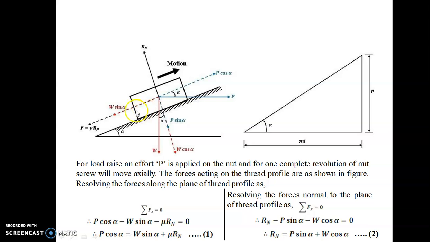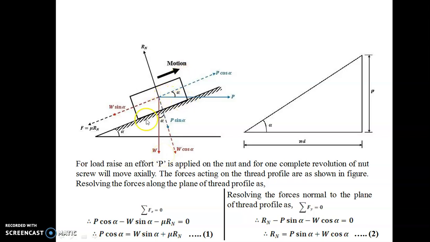So frictional force will be in the opposite direction. Then weight of the object which you want to raise, W, will always act in the downward direction. So here it is shown W, which is acting in the downward direction.